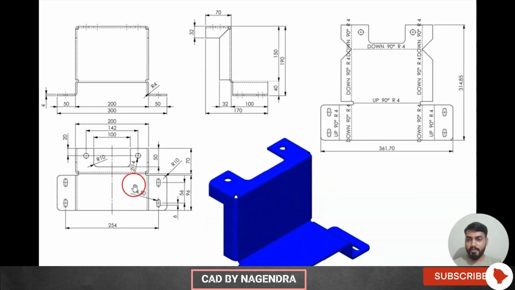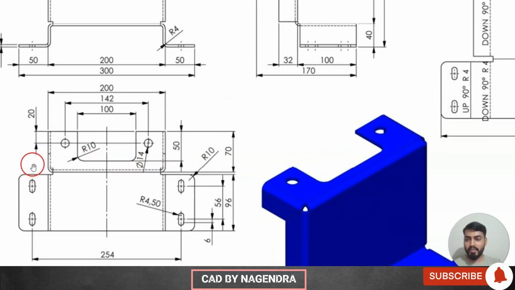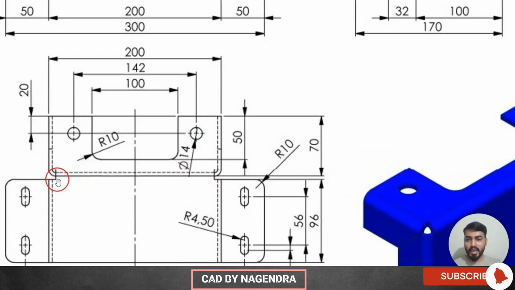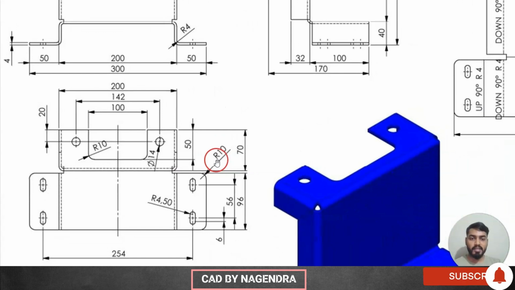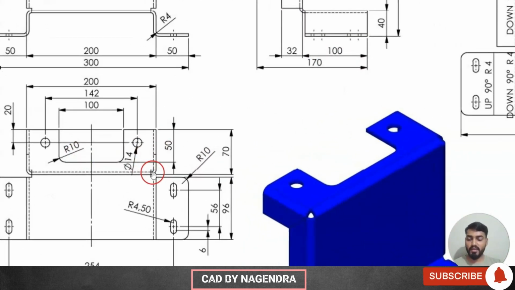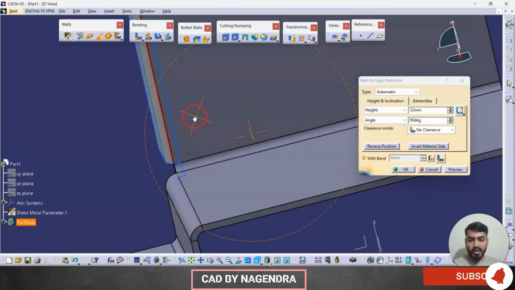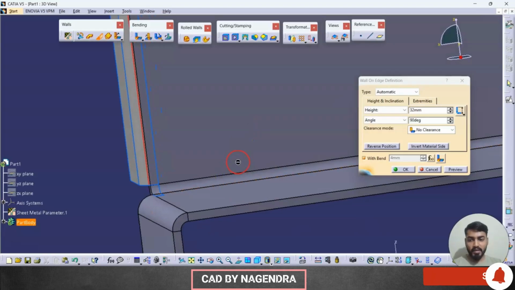You can see this is the base we have created already. So up to here material we gave by using this gap we have given up to here. So whatever this wall on edge extra we are going to create, that should be outside. Same as we got here, same like that only here also we are having. So now material should be towards outside. So let me make it here.